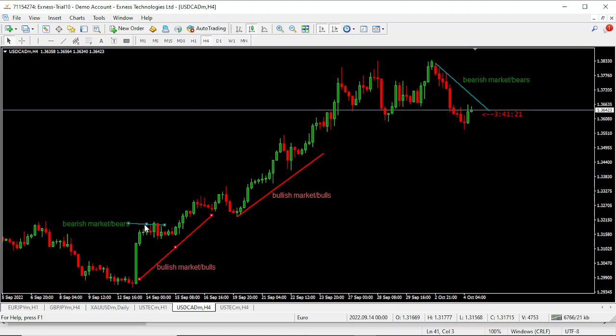I'm gonna measure these highs with the green line. Those are gonna be our highs.